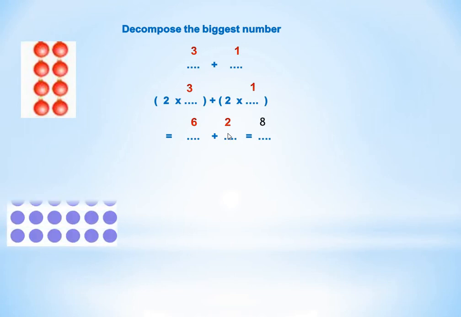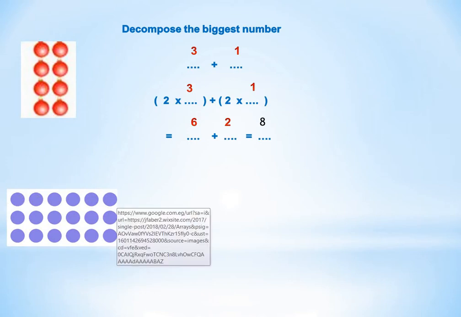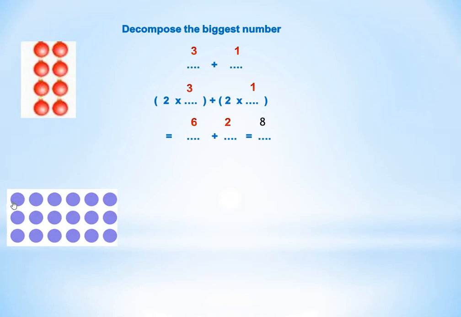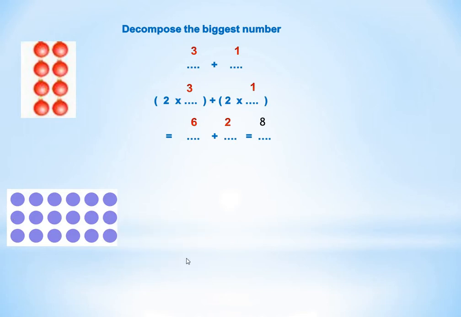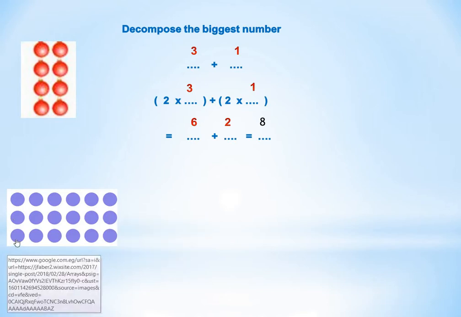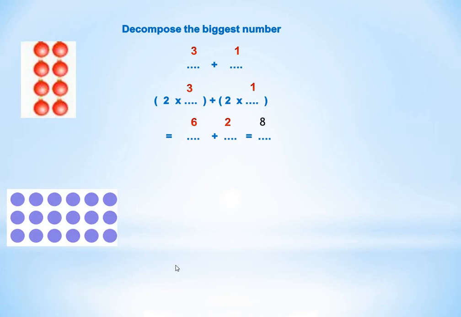Excellent. Let's solve another exercise. In this array, we have the long side and the short side. In the long side, here we have 1, 2, 3, 4, 5, and 6. In the short side, here we have 1, 2, 3. So we will decompose 6 or 3. Excellent. We will decompose the big number.